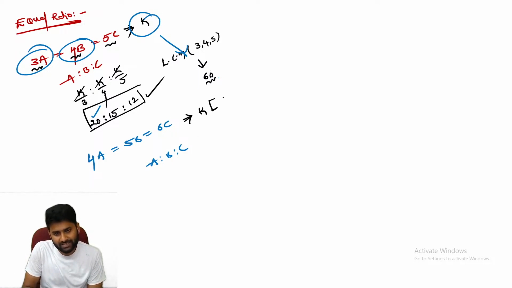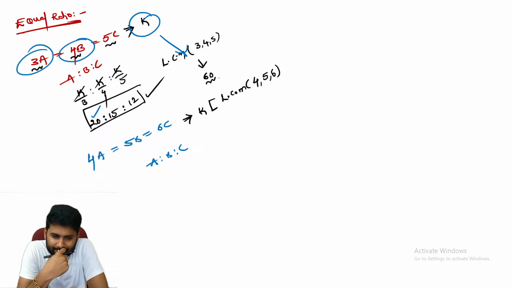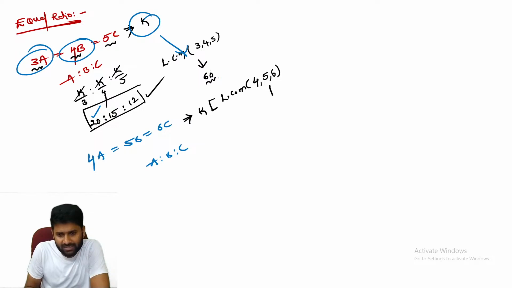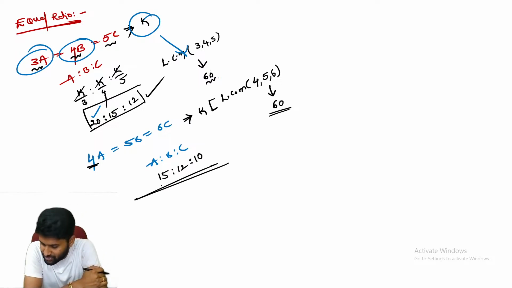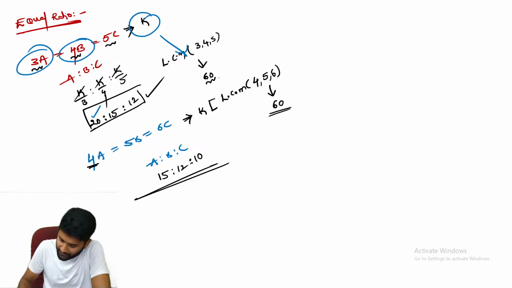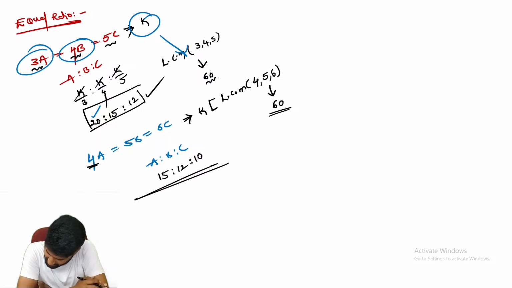Can anyone tell me, instead of K, what is the LCM, the common multiple, of 4, 5, 6? 4, 5, 6. The common multiple is still 60. Now you can directly take these values. 4 becomes 60, 15 units. 5 becomes 60, 12 units. 6 becomes 60, 10 units. So here the respective ratio of A is to B is to C is equal to 15 is to 12 is to 10. Very good, Nana Satyam Narayana. Very good.